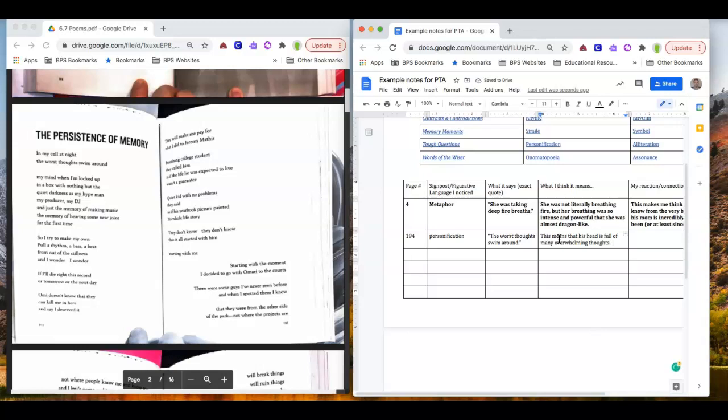I've got this picture of him just lying in his bed, just thinking, like his head is full, like they're just swimming around in this pool of anxiety in his head.